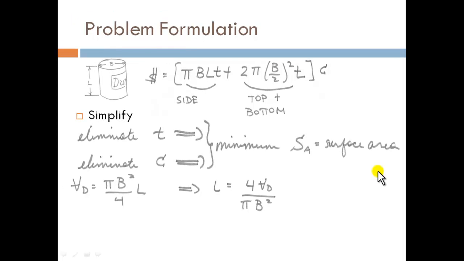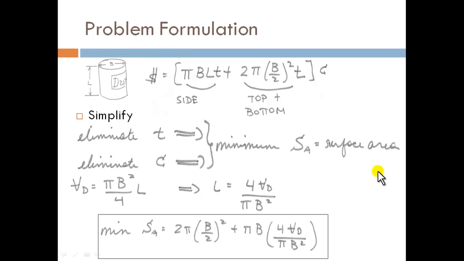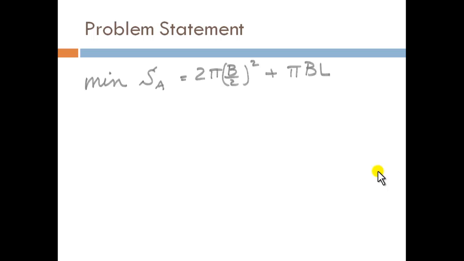And so what we get once we perform these substitutions and simplifications is that we minimize the surface area of the can, 2 pi times (b over 2) squared plus pi b times 4 times the drink volume divided by pi b squared. So we take this equation that we're trying to minimize, and this equation is subject to a series of constraints.